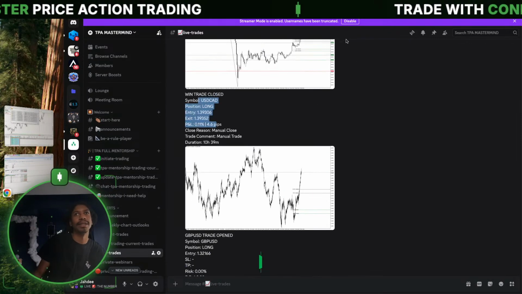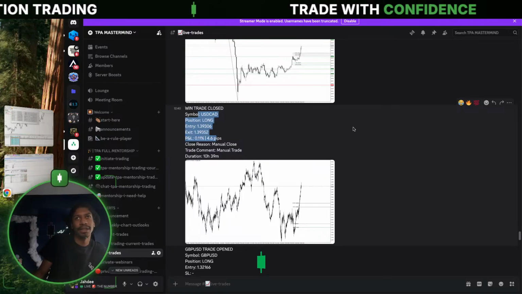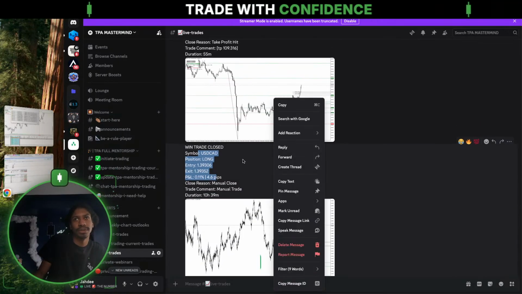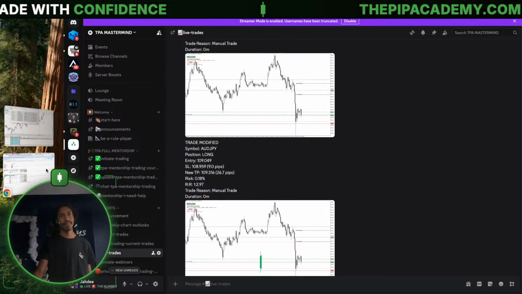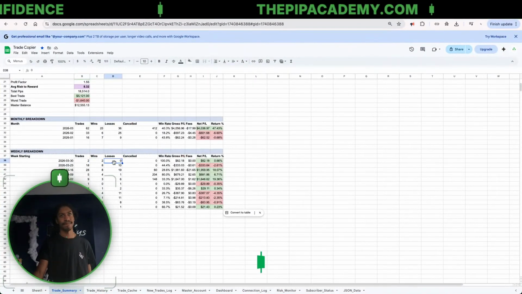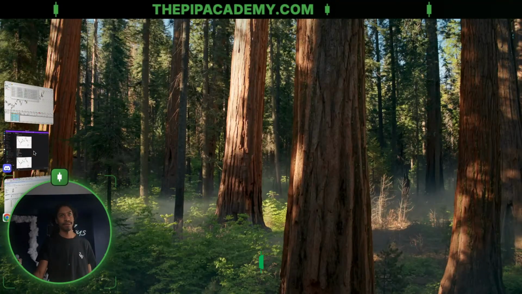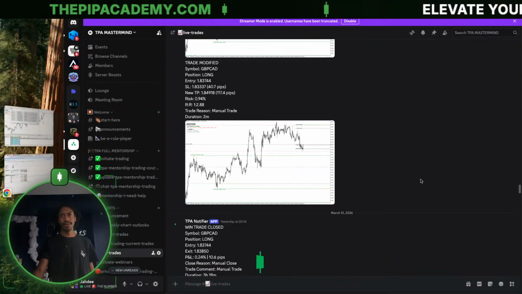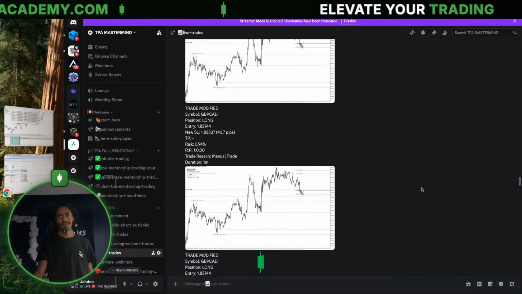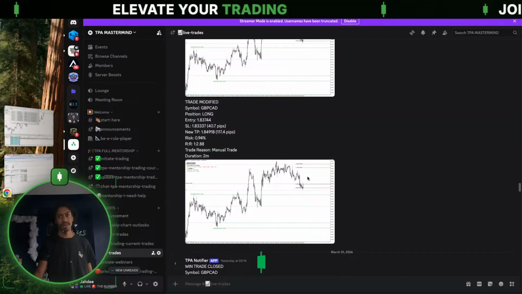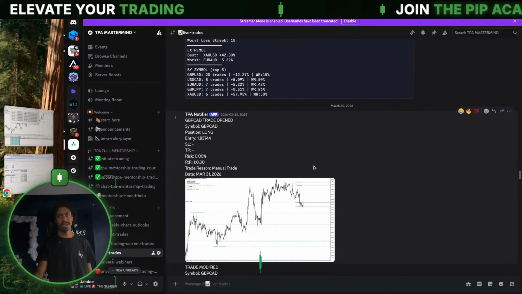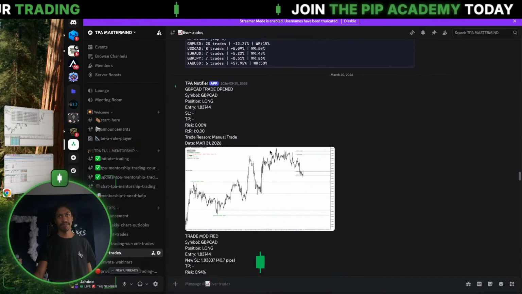USD CAD. No, this is the close. Okay, so yeah, that's 3, no? Let me go back and double check. I want to make sure this is right. This trade is taken on this day.